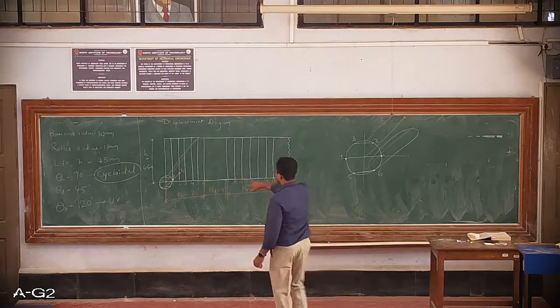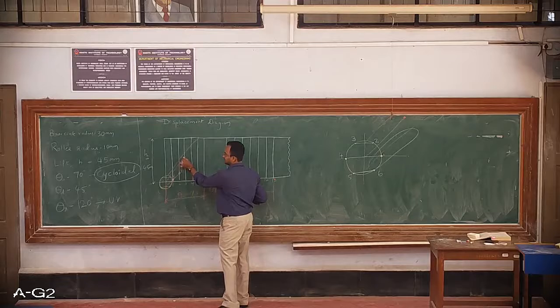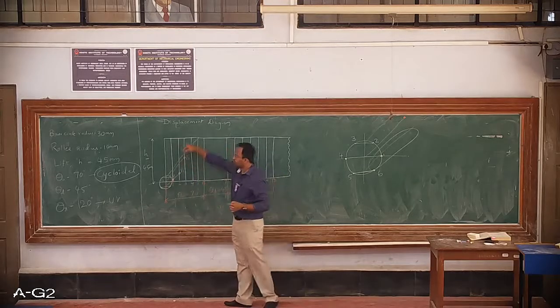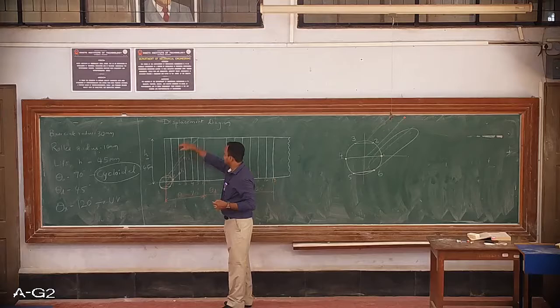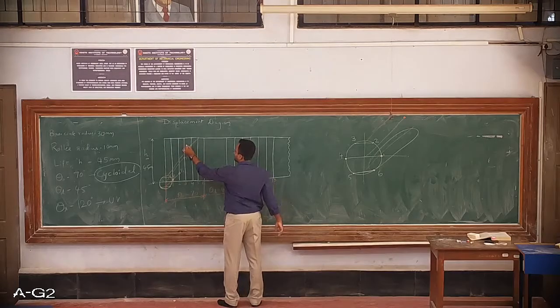The middle slant line will cut line number 3 at P3, and the topmost slant line will cut line number 4 and line number 5 at P4 and P5.